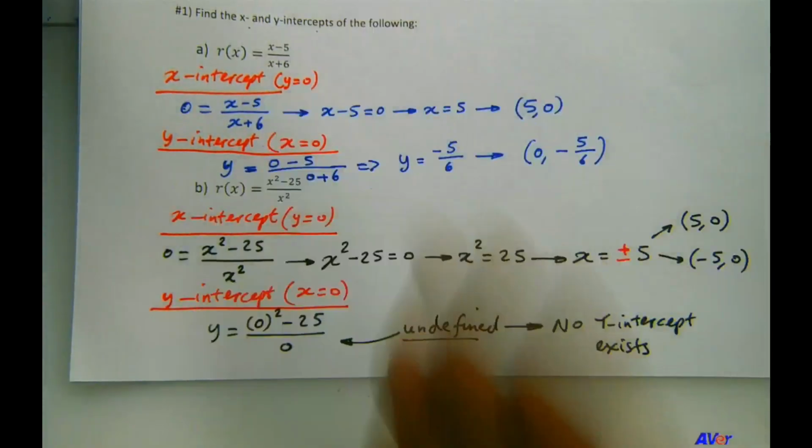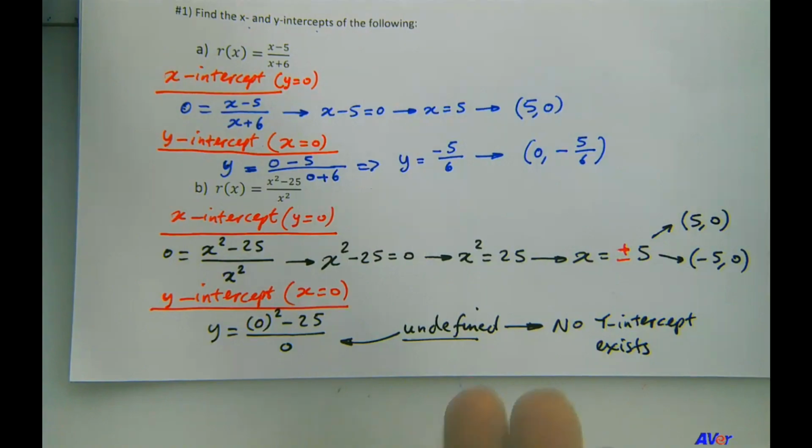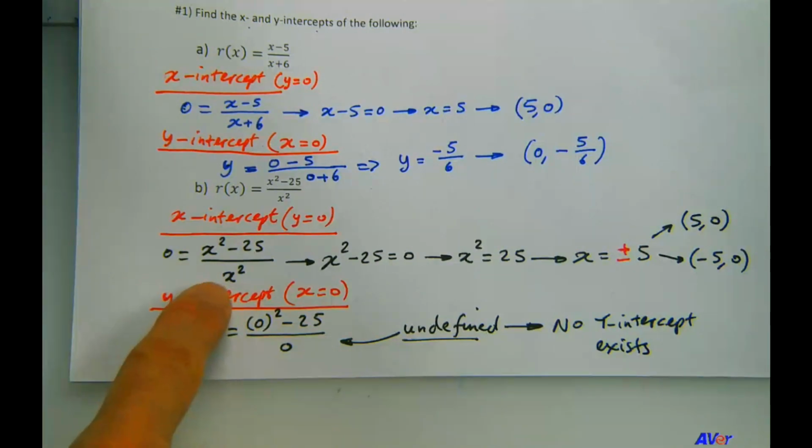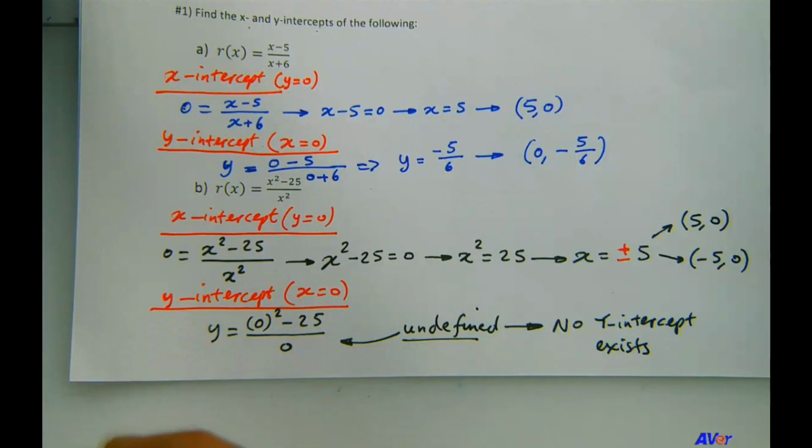In this case, they're not asking us to find the asymptotes, but because we can't have x equals 0, we're going to have a vertical asymptote at x equals 0, which would be the y-axis. So the y-axis would be a vertical asymptote, but let's plot it.